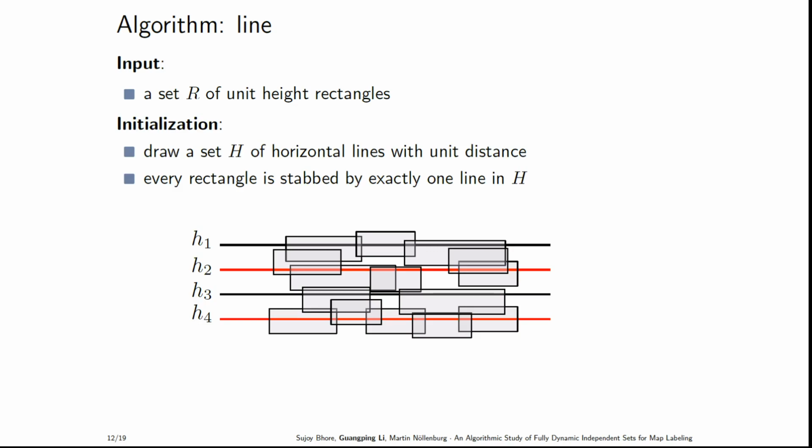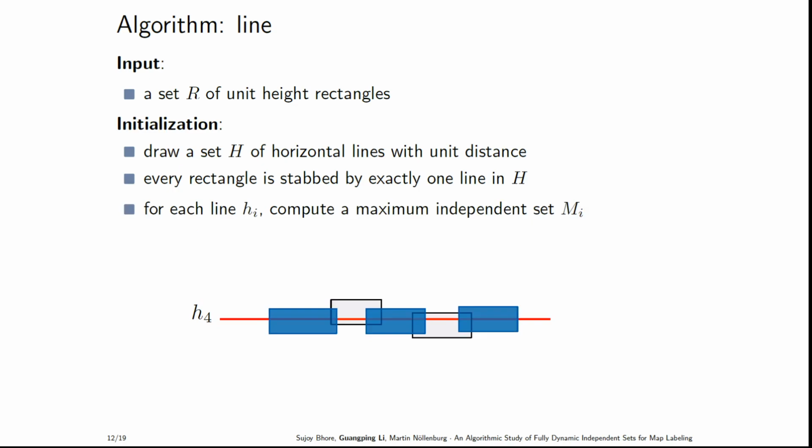In its preprocessing, we define a set of horizontal lines H with unit distance, such that each rectangle is stabbed by exactly 1 horizontal line. And for each line, we compute a maximum independent set of rectangles stabbed by this line. This can be done with a linear greedy approach.